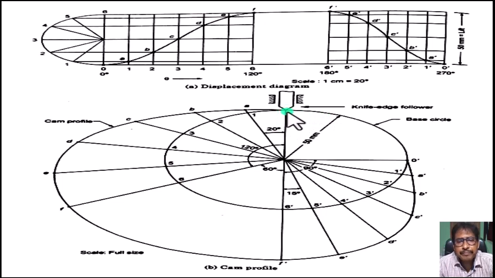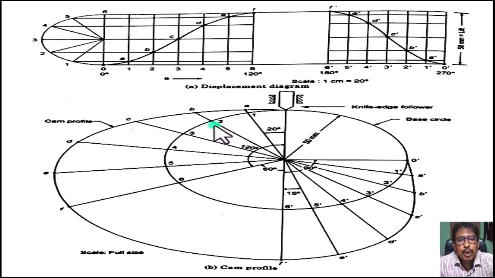Draw a vertical line and a horizontal line. Here at this point we start ascending. Now we take a 120 degree angle, divided into 20 degree parts.